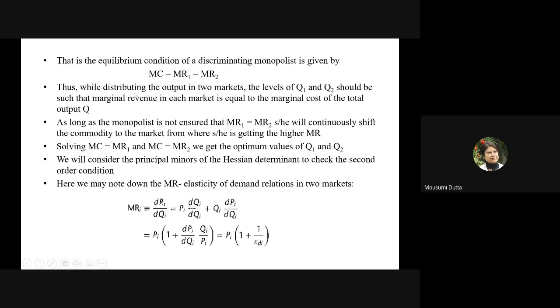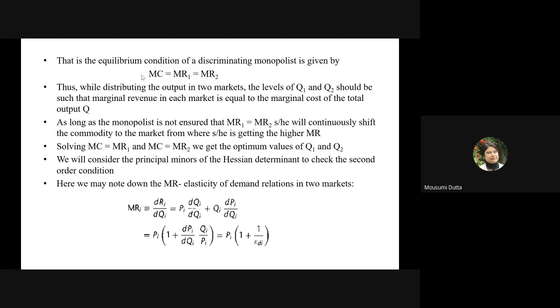Thus, while distributing the output in two markets, the levels of Q1 and Q2 should be such that marginal revenue in each market is equal to the marginal cost of the total output Q. That means MC should be individually equal to MR1 and MC should be individually equal to MR2.